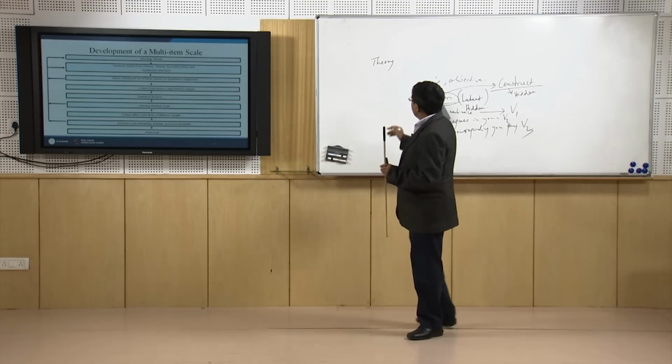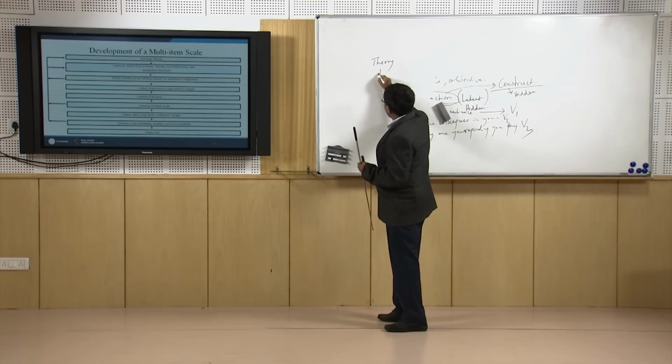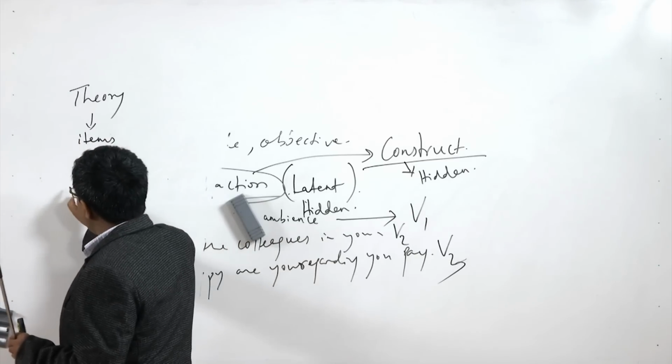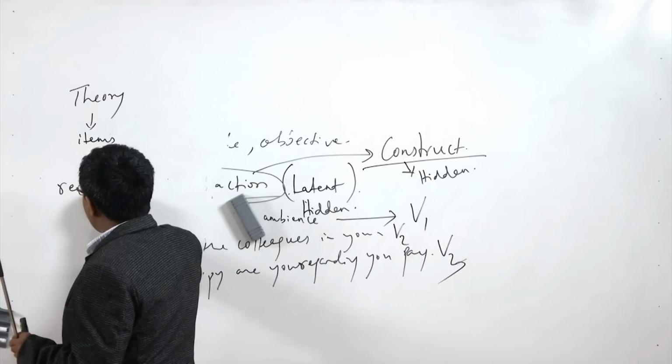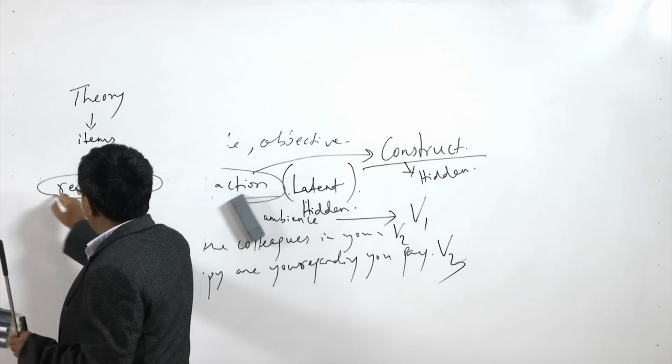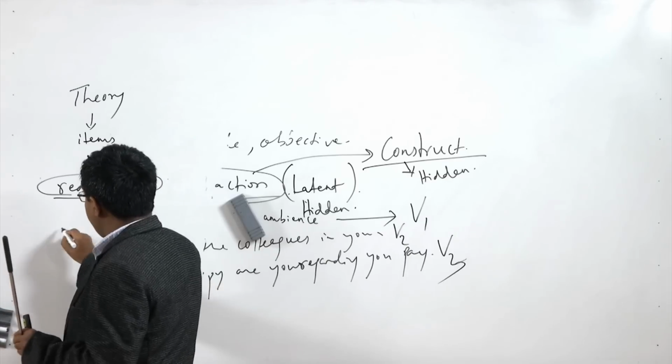Okay. So theory we have, and then we had the items, and we reduced the items to a limited number, and after that we tested it, right.